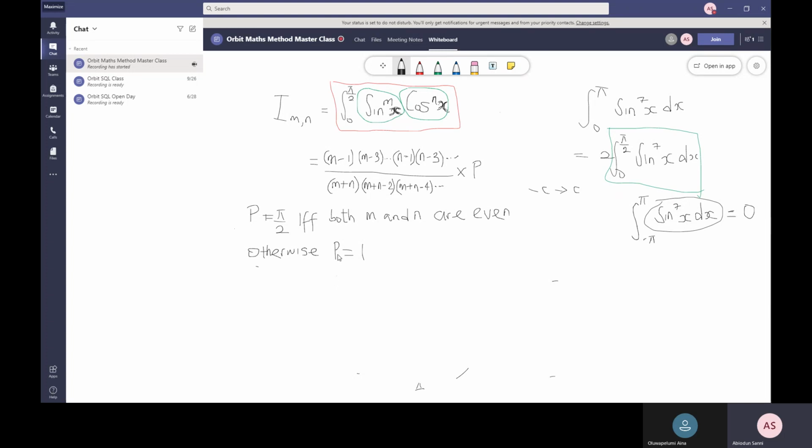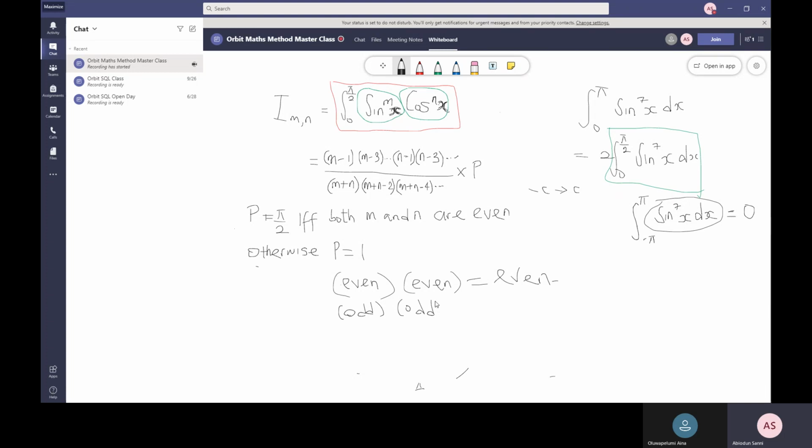When you have an even function times an even function, you have an even function. Also, if you have an odd function times an odd function, you have an even function.